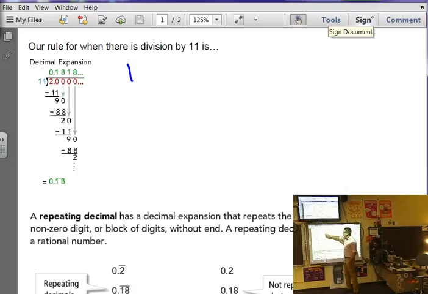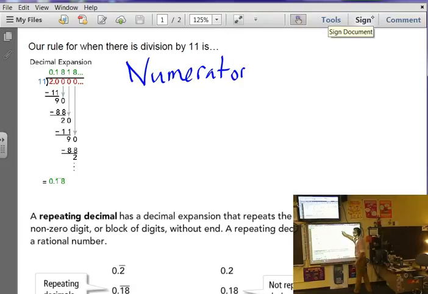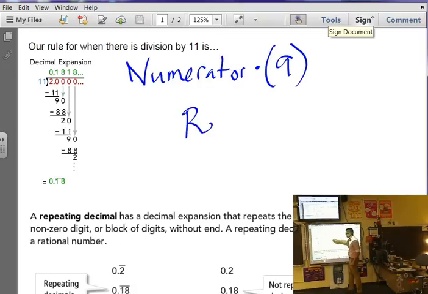So I would, if I was you, write numerator times 9. And actually, you could put in parentheses, numerator times 9 repeats. What?